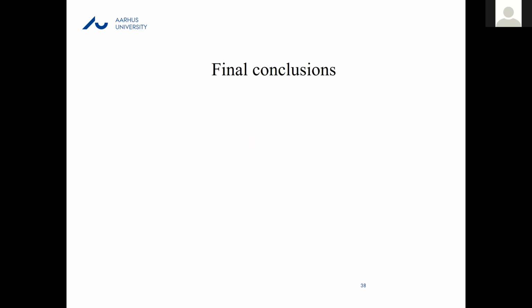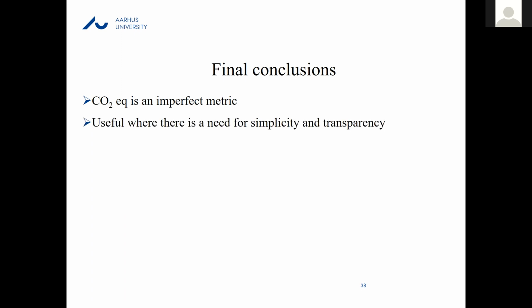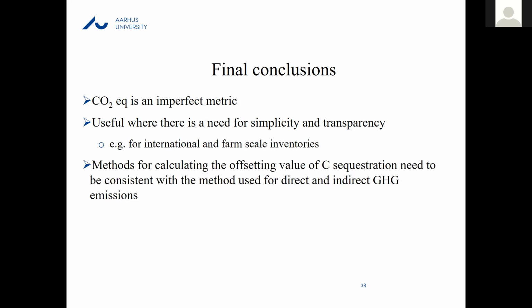So some final conclusions. The CO2 equivalent approach is an imperfect metric, but it's useful where there is a need for simplicity and transparency. For example, in international and farm scale inventories. Methods for calculating the offsetting value of carbon sequestration need to be consistent with the method used for the direct and indirect greenhouse gas emissions.